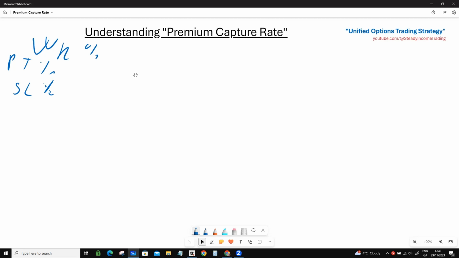I want to show you something specifically. I'm going to use my parameters for my naked puts, and then I'm going to add a couple more, specifically chosen to highlight the second portion of what I was saying earlier. When you're comparing different rates, you can't just go by premium capture rate alone. You have to add a certain ingredient to be able to compare apples to apples, and we'll add that.